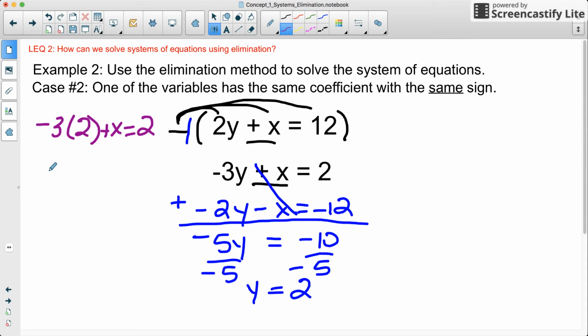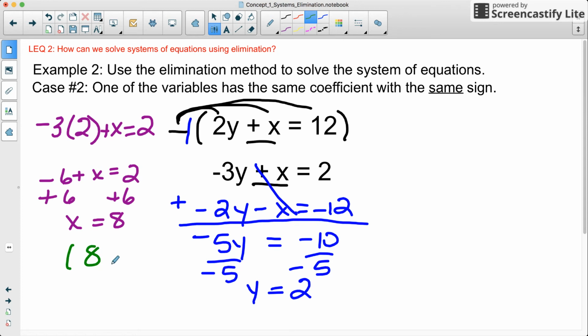So negative 3 times 2 is negative 6 plus x equals 2. I have to add 6 to both sides, and I get x equals 8. So my solution to this problem is 8, comma, 2, because x comes first, and then y.